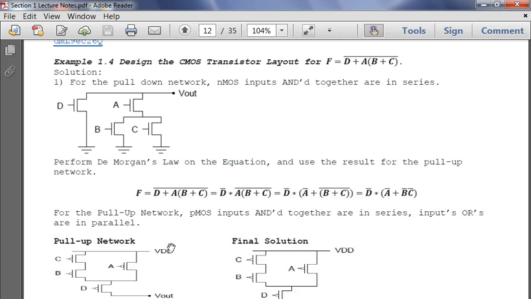Because if you make a mistake in your De Morgan, and then what you write in your De Morgan translates to your pull-up network properly, I'll apply what, for those of you who haven't had English, Professor Joe called error carry forward. If you make a mistake in your De Morgan's law and that translates to your transistors, I'll give you credit for the transistors. You'd probably take off just 1 point for making a mistake on De Morgan. That's what I like to say. Give me a reason and give me points.